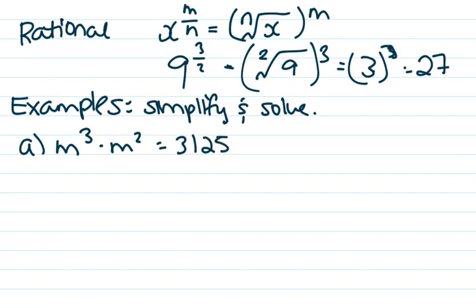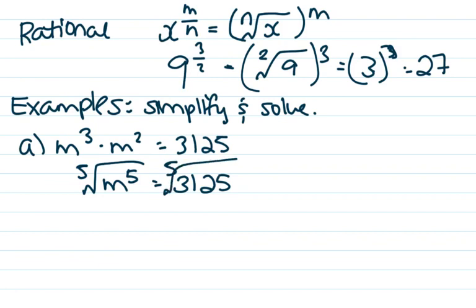So I'm multiplying these m's together, which means I can add their exponents. So that leaves me with m to the power of 5 equals 3,125. Now to solve for m, I'll need to take the 5th root of both sides. So now m equals, and then on your calculator you would do the 5th root of 3,125, m equals 5.